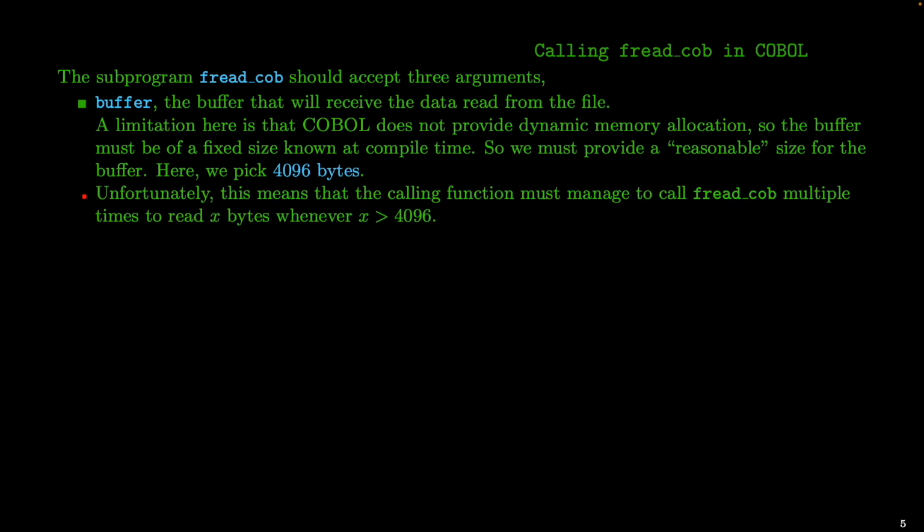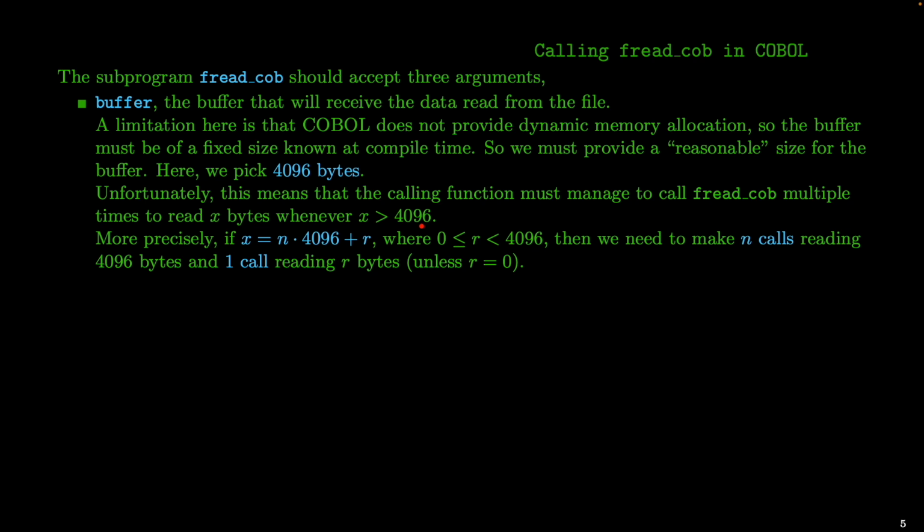Now, the downside to having this limitation is that if you want to read X bytes from a file and X is larger than 4K, then you have to split this over multiple calls to fread_cob.